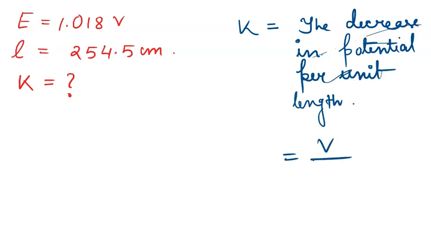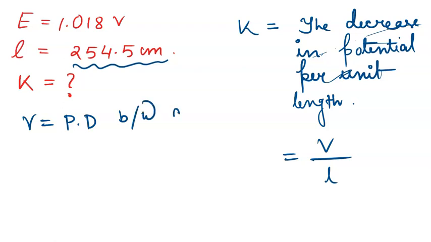Where the decrease in potential is V and per unit length will be L, where L is the balancing length and V is the potential difference between any 2 points.